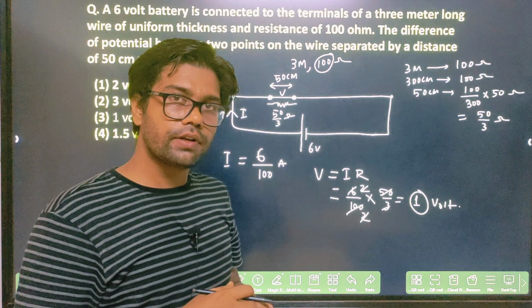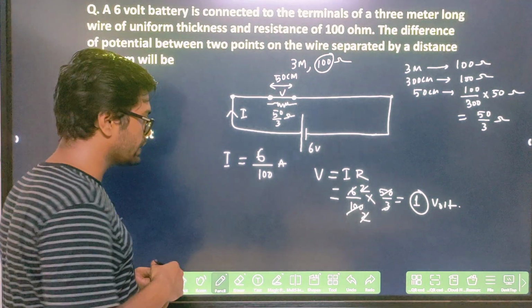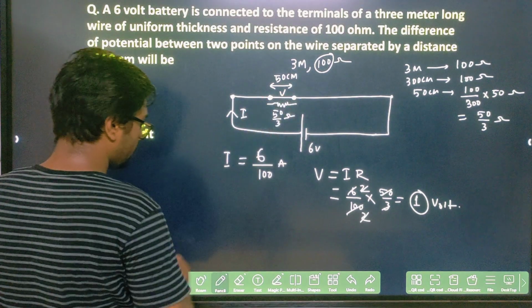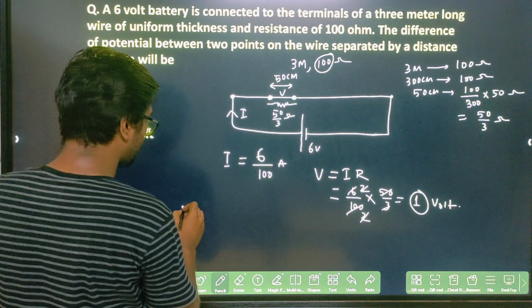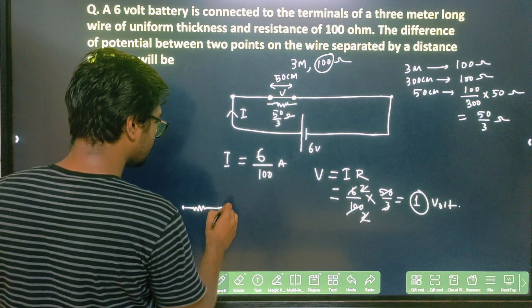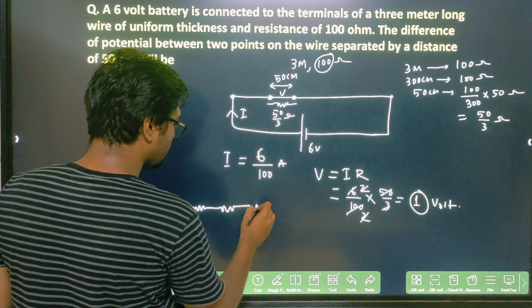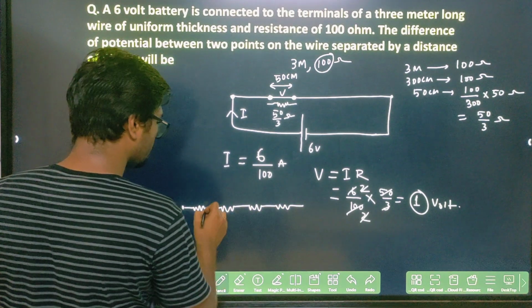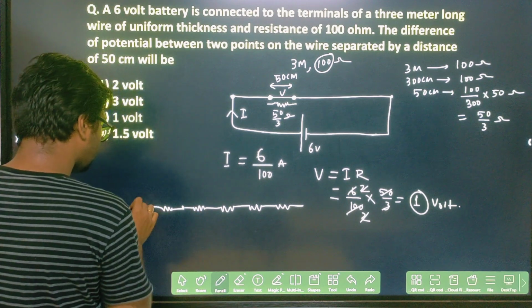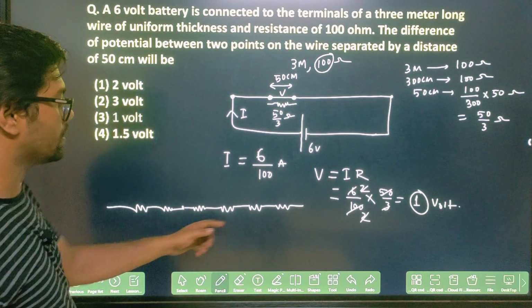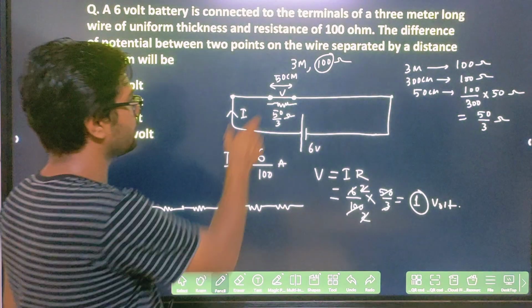Basically, in another way you can calculate this one. What you will do is, here I am just making this 50 centimeter. So I can make 6. This is 1, 2, 3, 4, 5 and 6. 6 resistances I can make, because each has 50 centimeter.